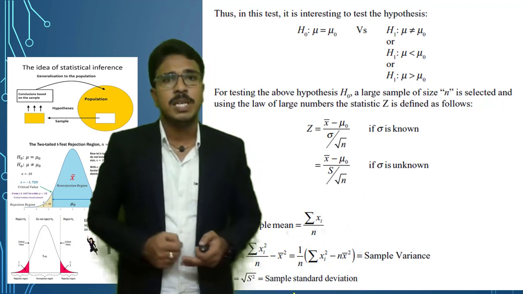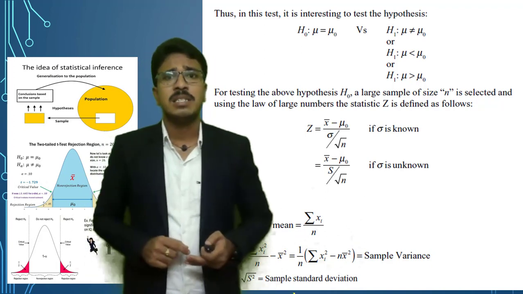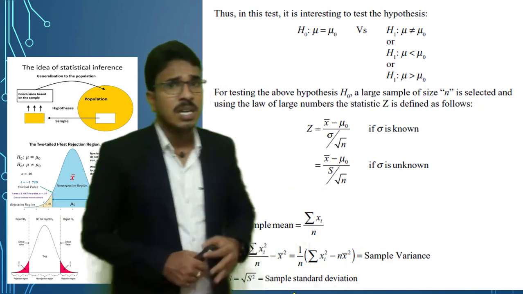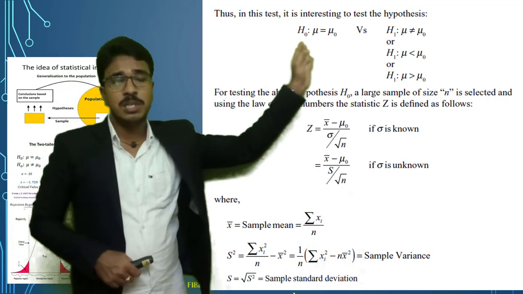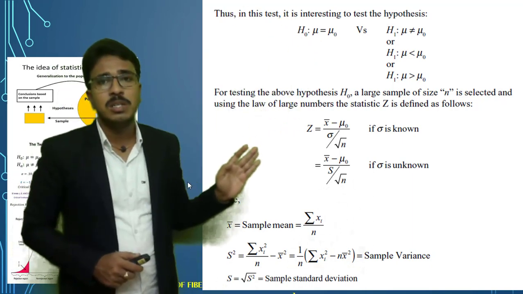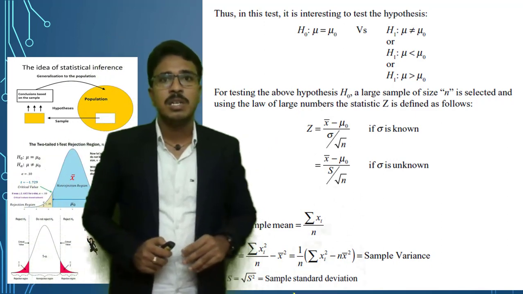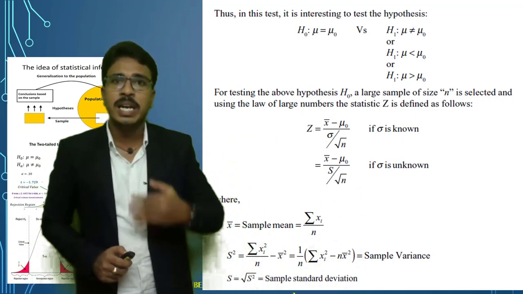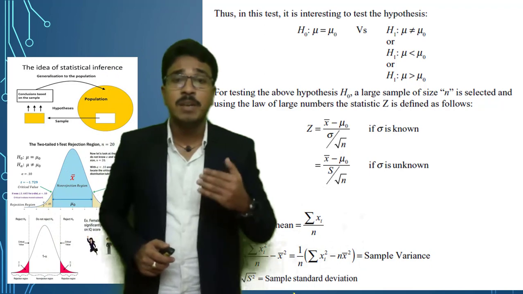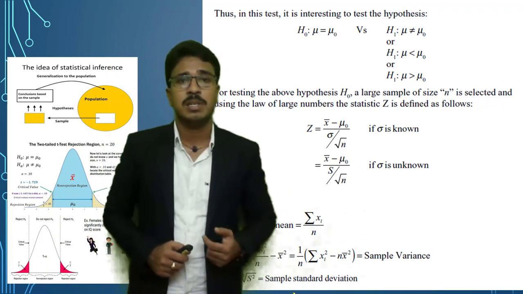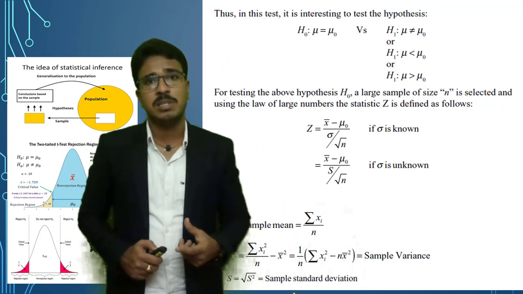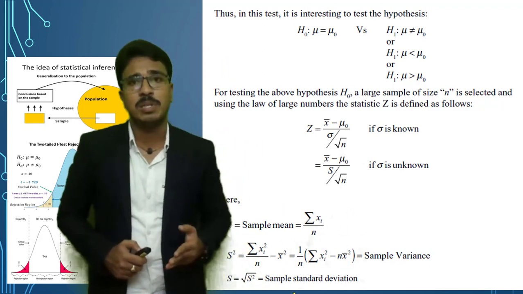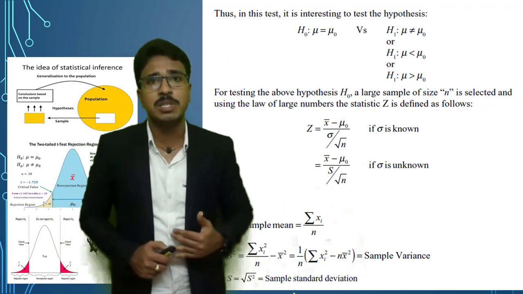In this test, the interest is to test our null hypothesis. I told you in the beginning also, before doing any testing of hypothesis, we have to set our assumptions. That is the null hypothesis and then the alternative hypothesis. What is the notation for the null hypothesis?